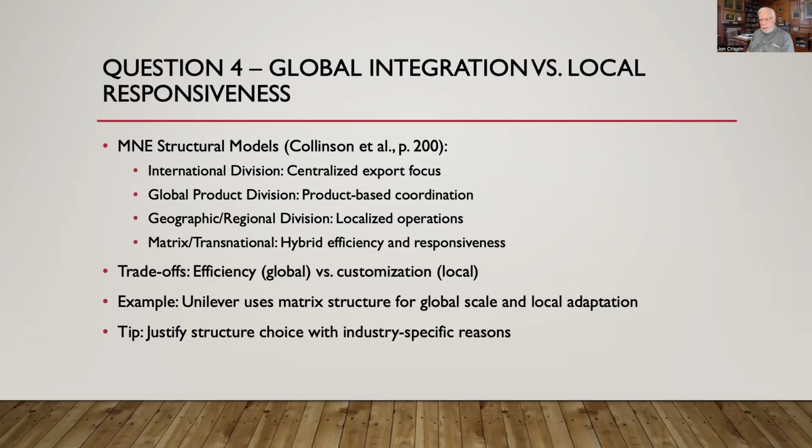So you may want to address trade-offs explicitly in your answers.